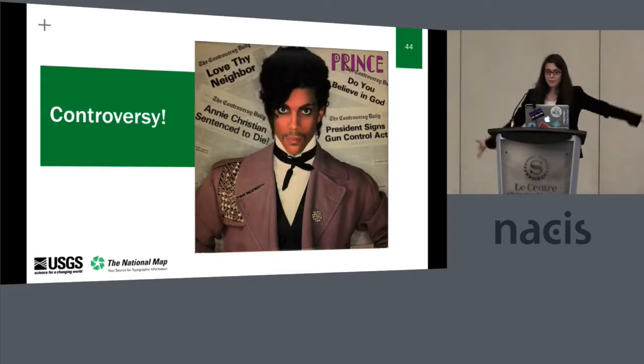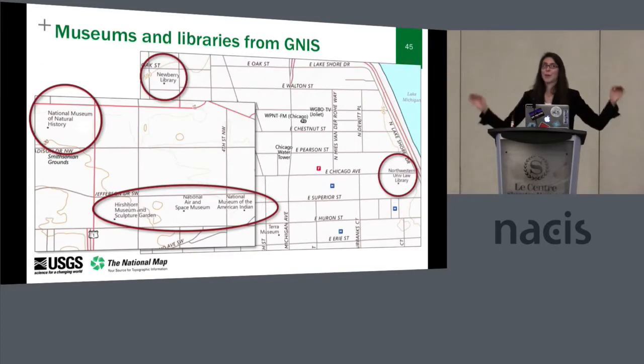It wouldn't be NACIS without a little Prince, so I know, what's the controversy on a national map, right? Can you believe it? Museums and libraries from our geographic names database. I totally made this executive decision because in our current US topo maps, the only structures we show are hospitals and fire stations and law enforcement places, prisons, police stations, what have you.